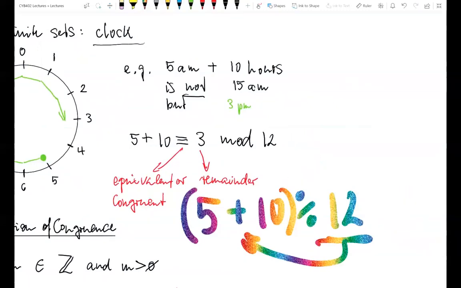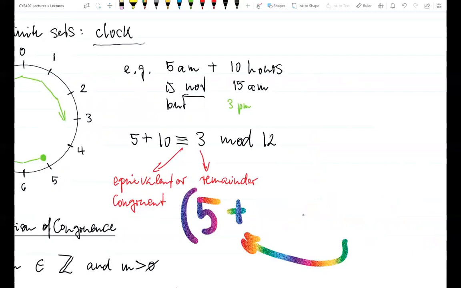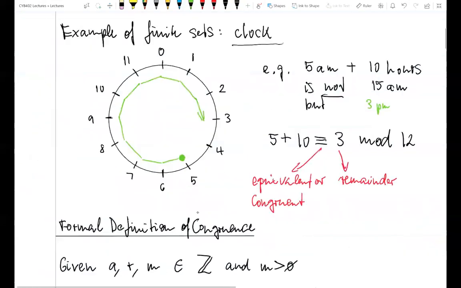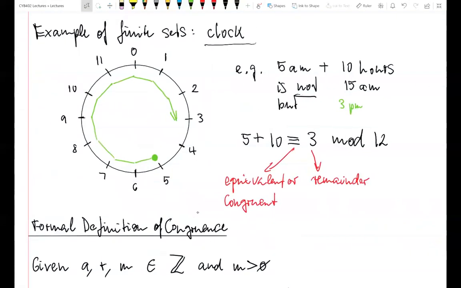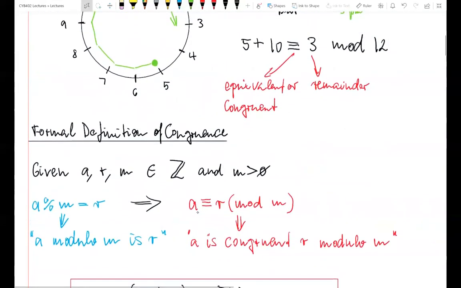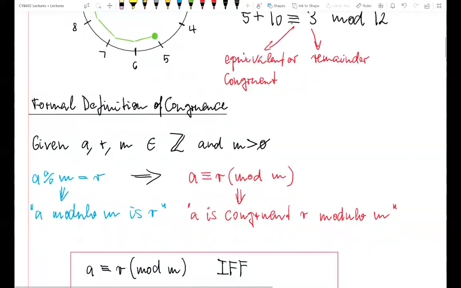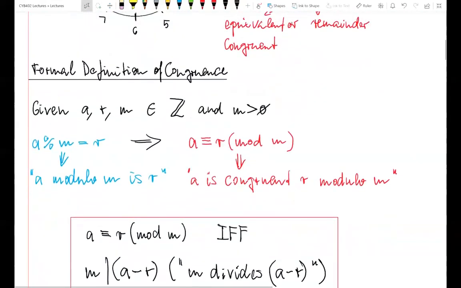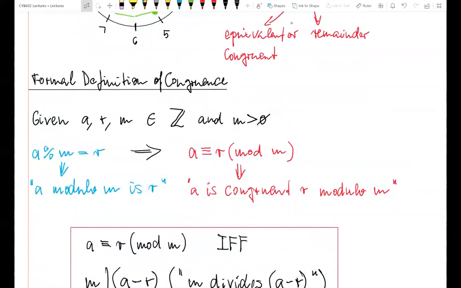This idea is the basis of a new concept that we are going to use a lot, which is congruence. I have already used the operator for congruence here, which looks like an equal sign, just with one dash more. So let's look into the formal definition of congruence.